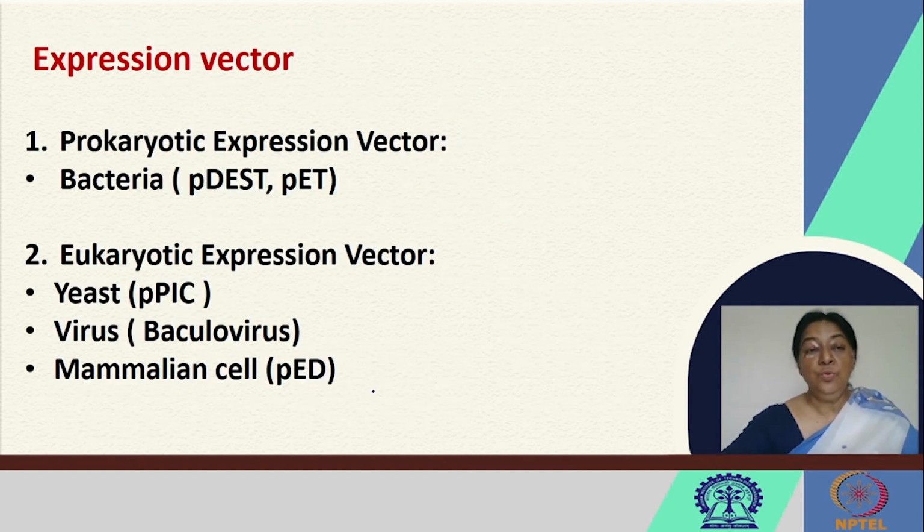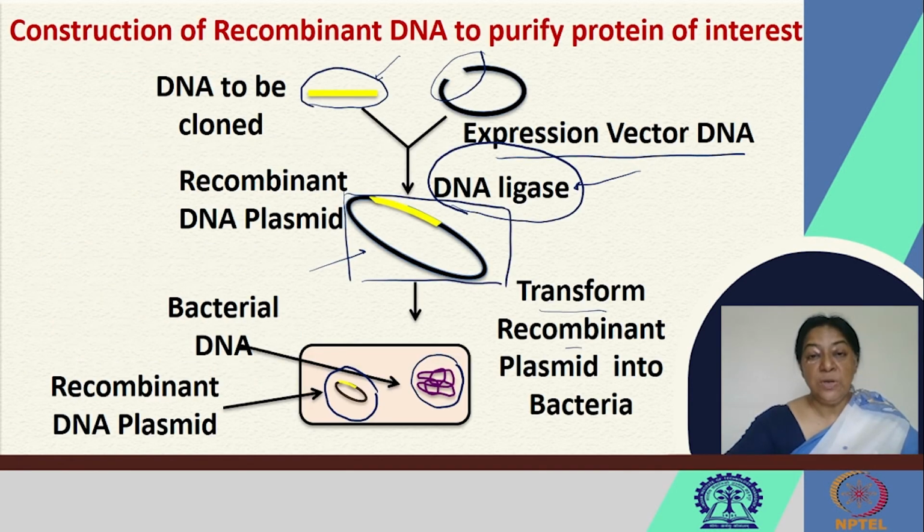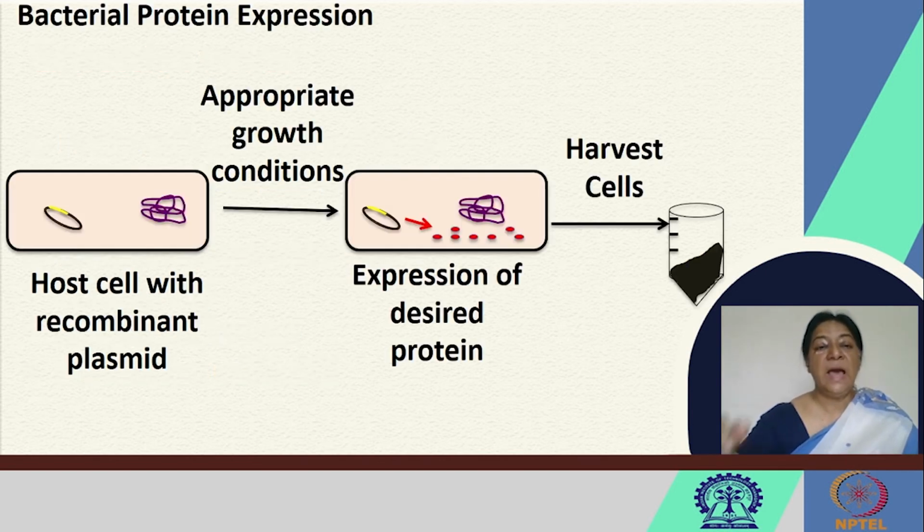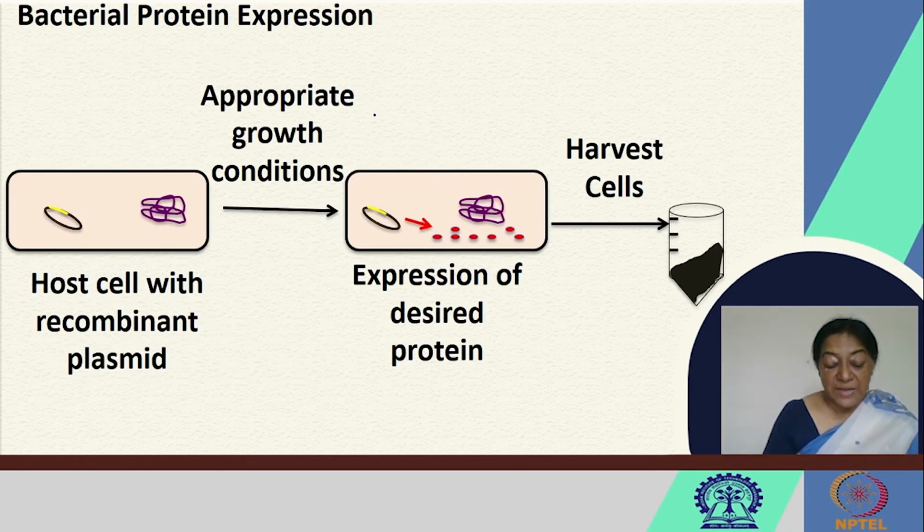Now we do know about the expression vectors. The expression vector DNAs can be prokaryotic expression vectors or eukaryotic expression vectors, such as yeast, virus, and even mammalian cells. Similarly, in our bacterial protein expression, we have the host cell that has the recombinant plasmid.